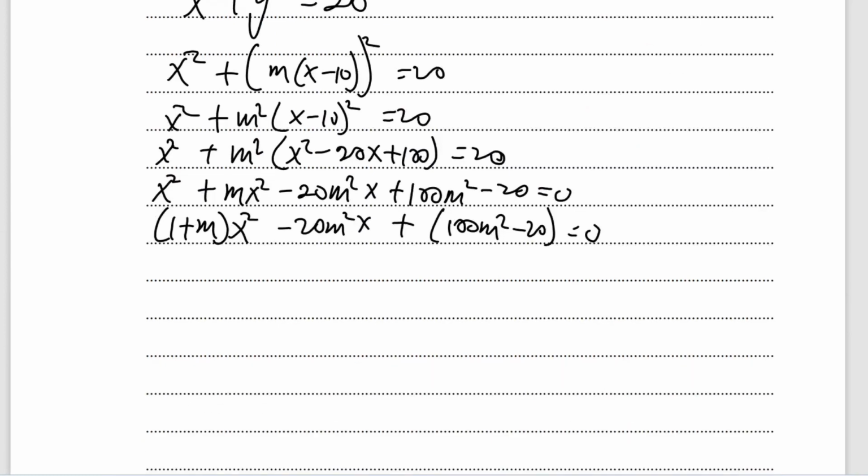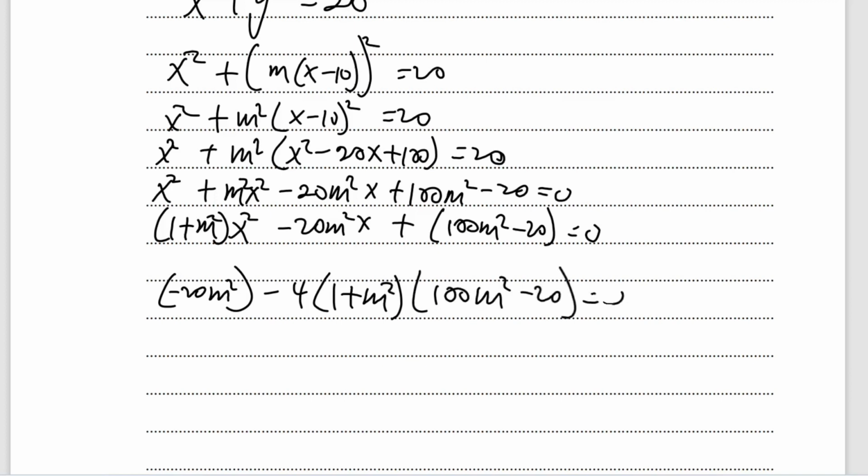So we have b squared minus 4ac is equal to 0. So this is my b squared minus 4 into a, into, oh, this m is actually squared. Sorry about that. Into 100m squared minus 20 equals 0.